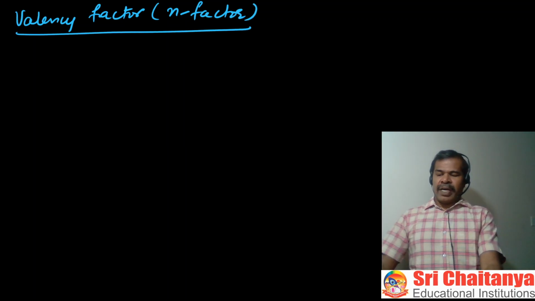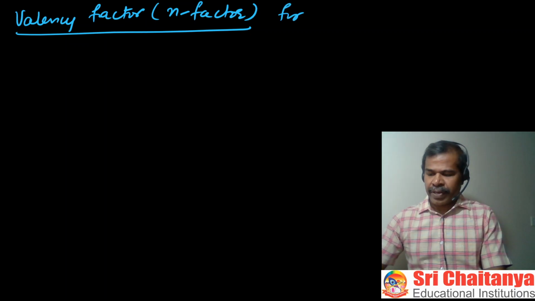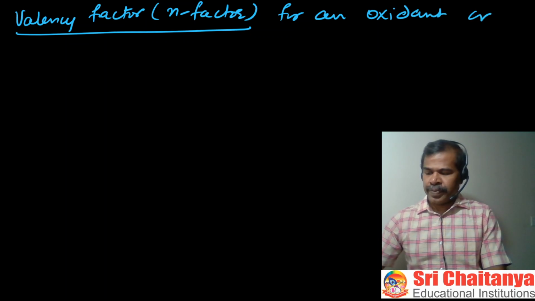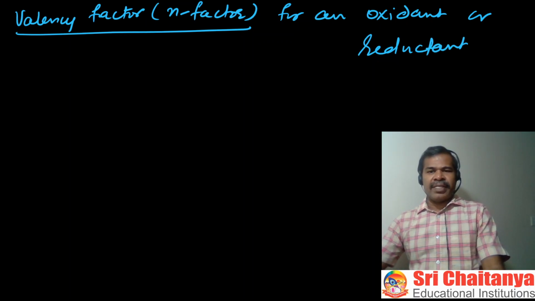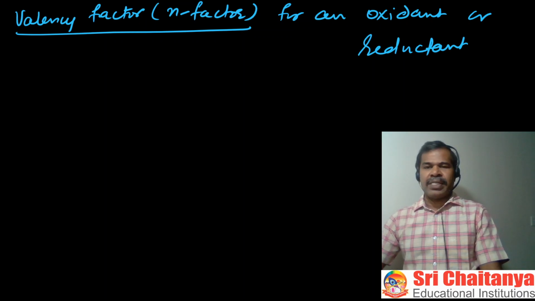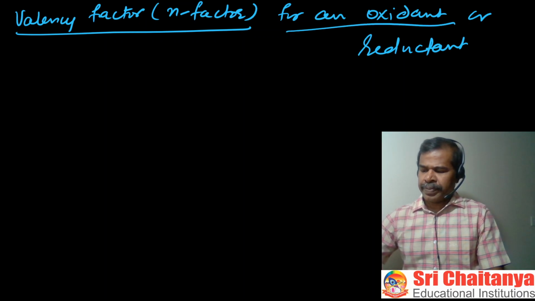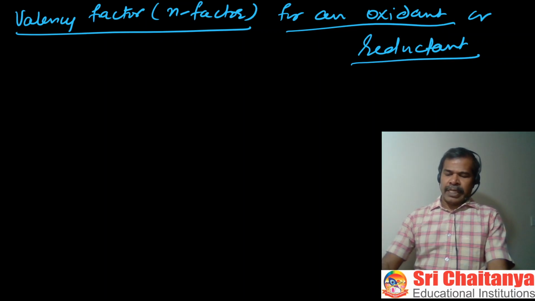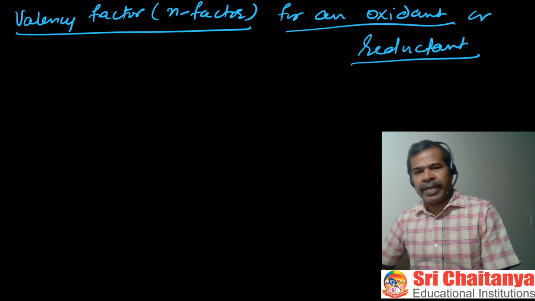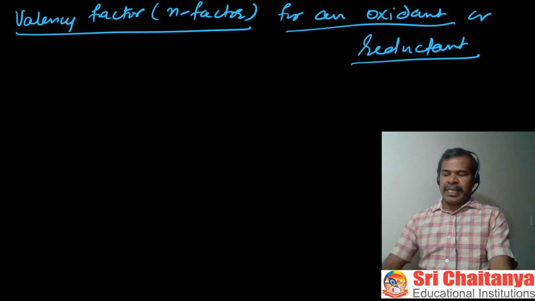Valency factor or N factor for an oxidant or reductant. So we call an oxidizing agent an oxidant or a reducing agent a reductant. Let us see how to calculate valency factor for an oxidant or reductant.